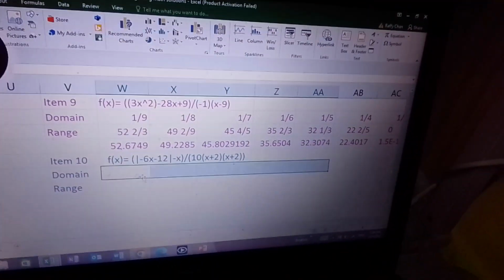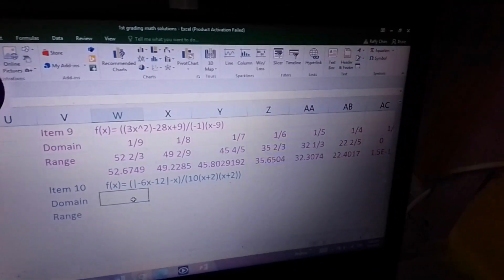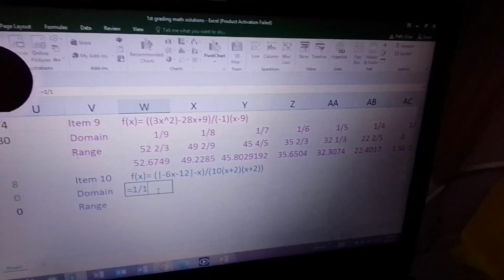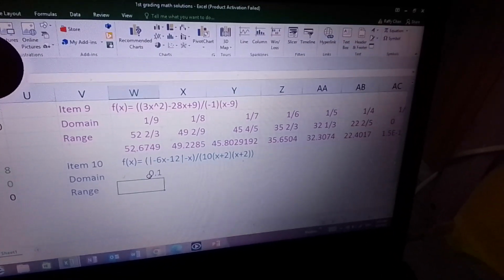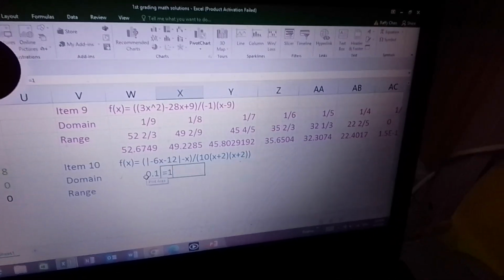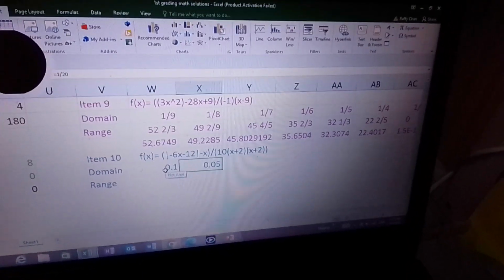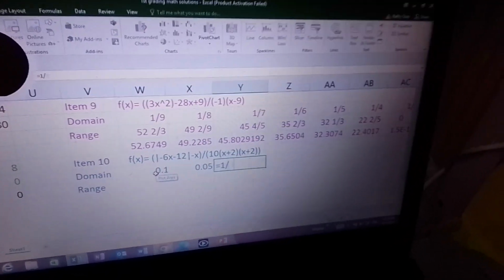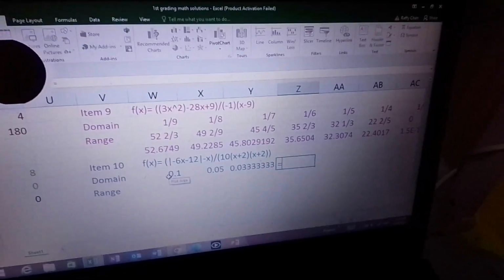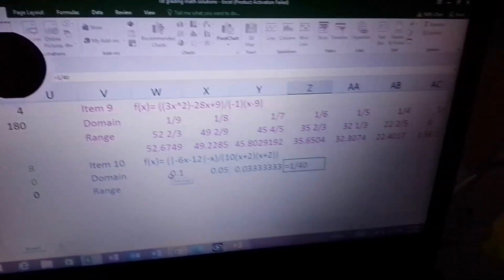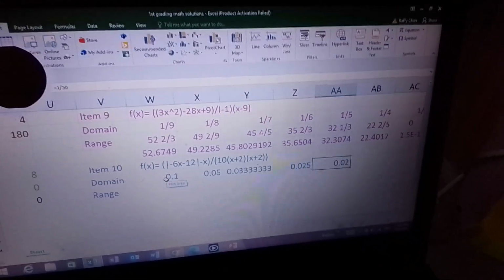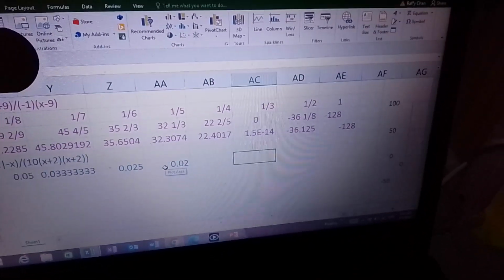I meant 1/10 to 1/100. So let's input this 1 over 10, then 1 over 20, 1 over 30, 1 over 40, just like that, 1 over 50, 1 over 60, 1 over 70.